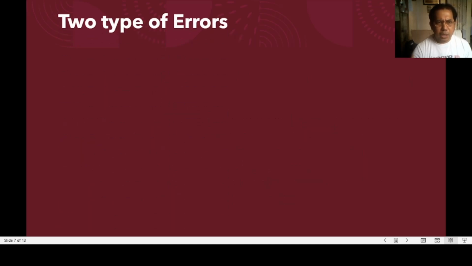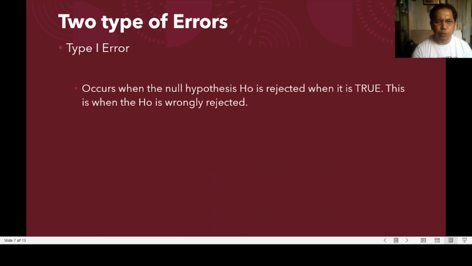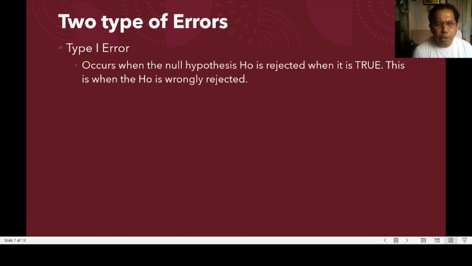Now, two types of errors. We have already presented this one using the table. Type 1 error occurs when the null hypothesis is rejected when it is true.